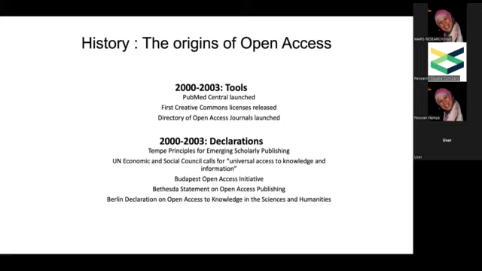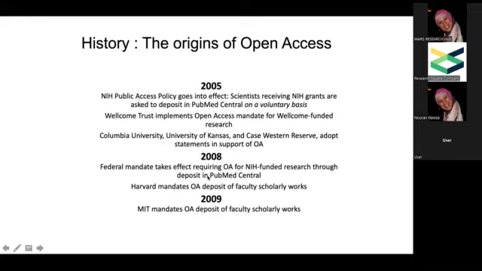And then we see a number of declarations across the publishing industry mandating or moving towards open access publishing. Most important of these, the Budapest Open Access Initiative that we've already talked about. Publishers and universities and library consortia declared their intention towards moving to a lot more content published online and a lot more content published open access. This slide just summarizes some more important dates going up to and including around 2009.